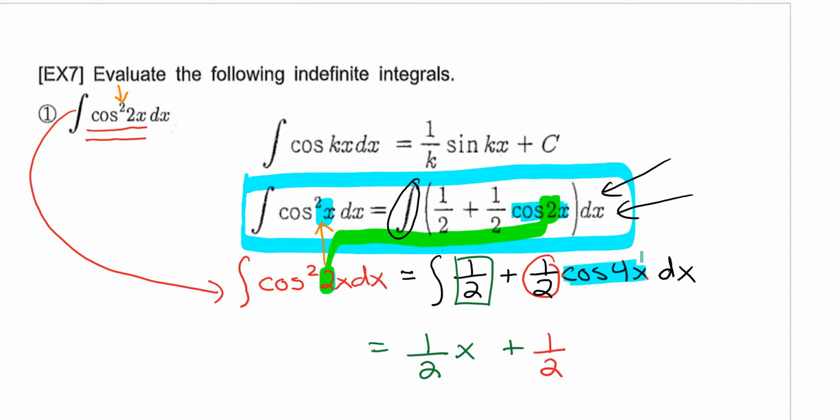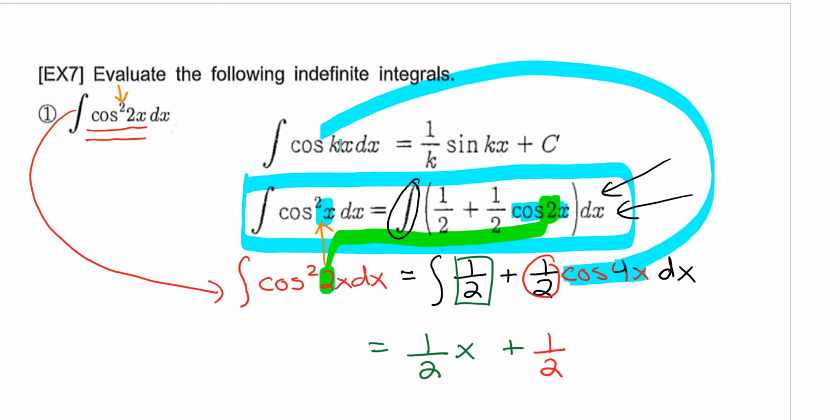How do I find the antiderivative of that? You take this cos 4x and match it up with another formula on your formula sheet. So cos of kx, in this case k is going to be 4. Then k is on the bottom and there's another k there. So you would write this as 1 over k, which is 1 over 4 times sine of 4x plus c.